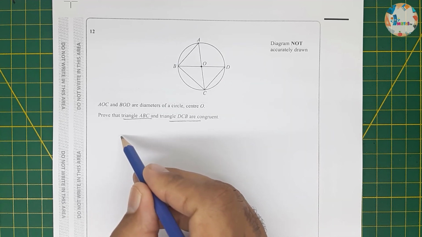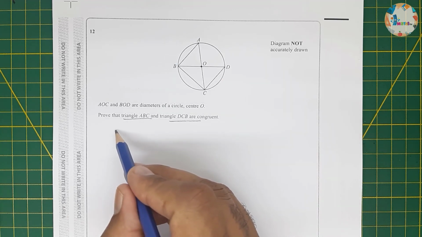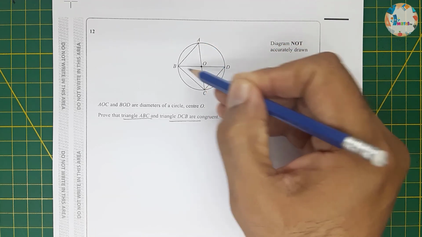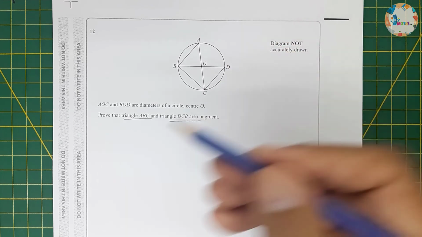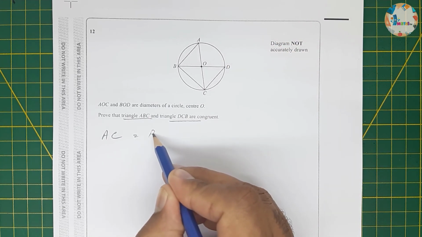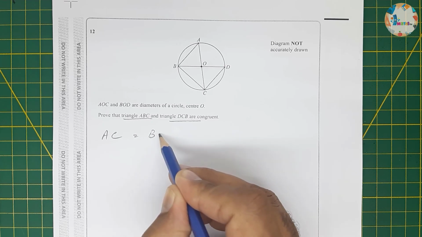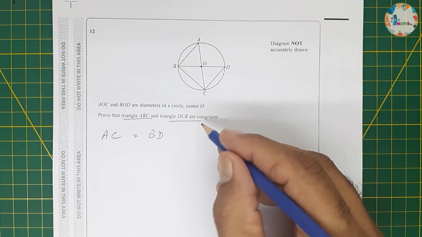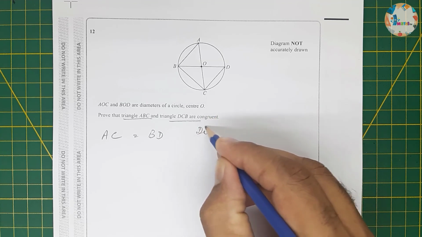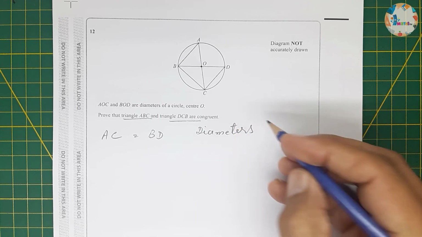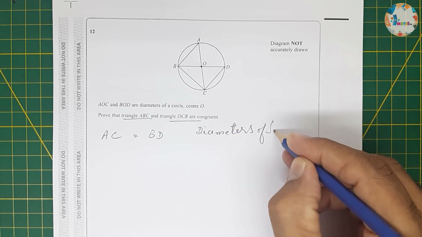So we can write that AC is equal to BD, and the reason we will write is diameters of the same circle.